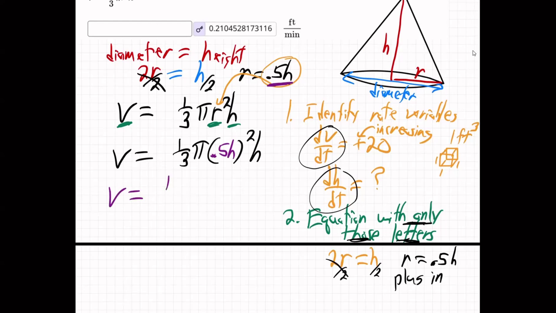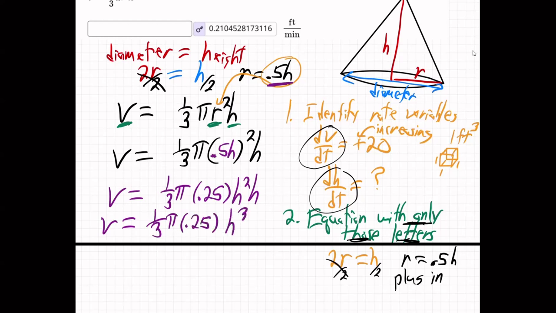We get 1/3 pi times 0.25 H squared times H, so 1/3 pi times 0.25 H cubed, right? Now we've done step two. We have an equation that only has V and H and then a bunch of numbers.